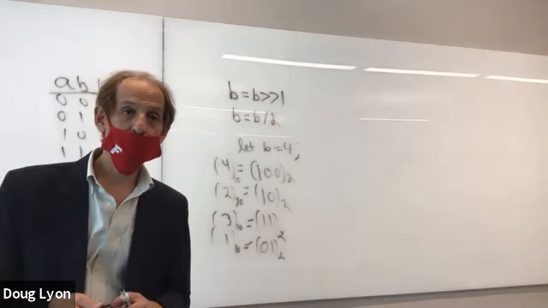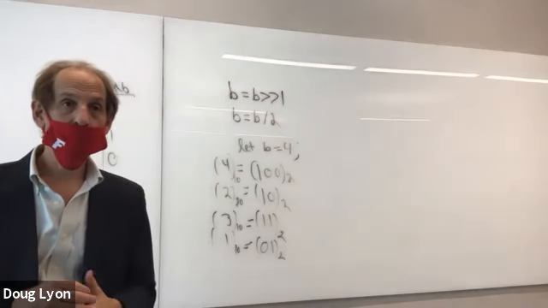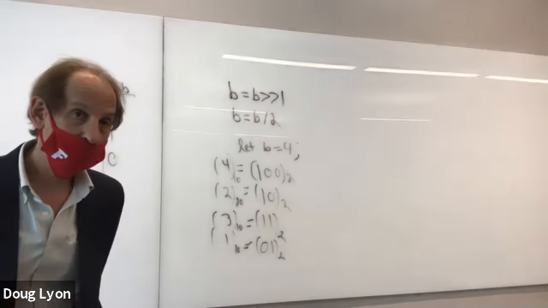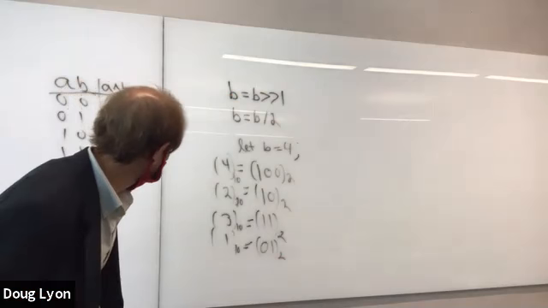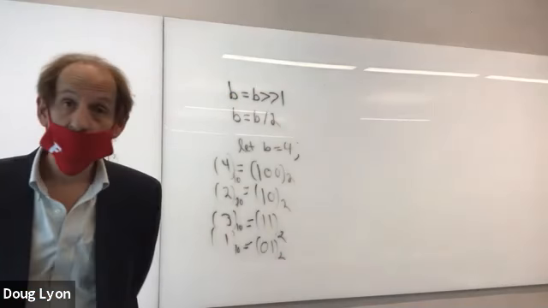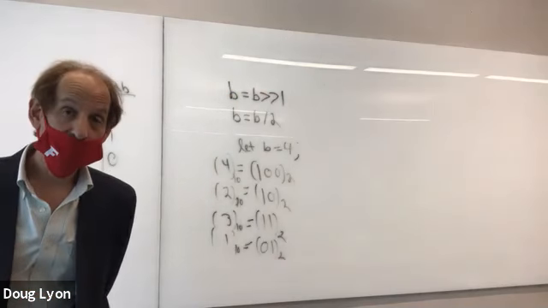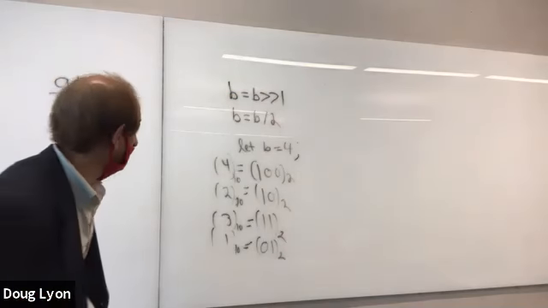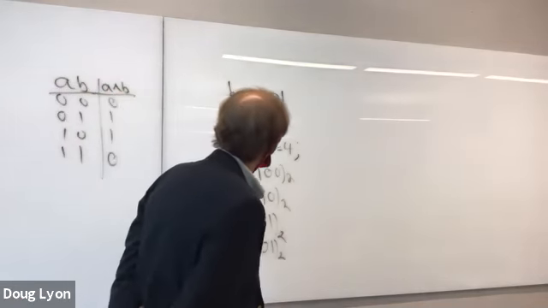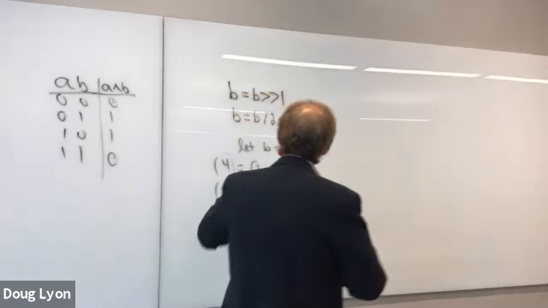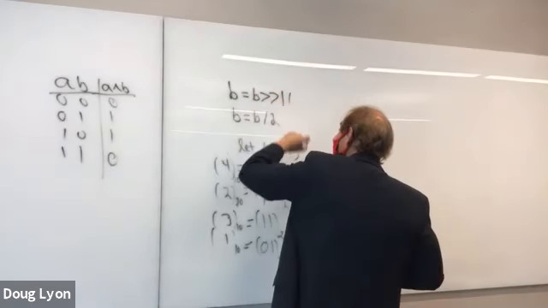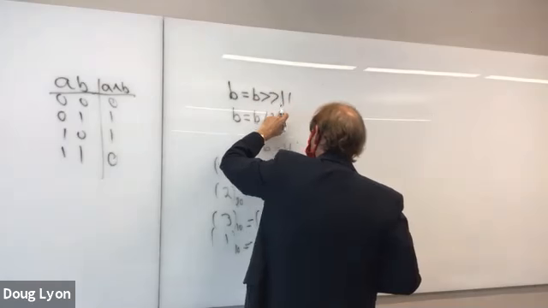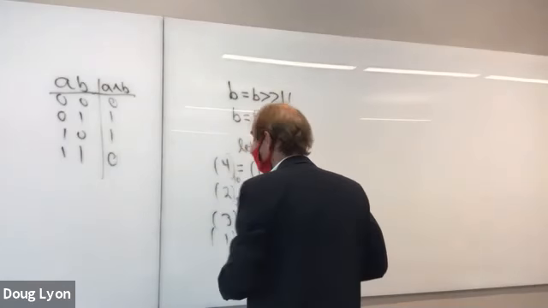Yes, sir. So are B shifted right by 1 and B divided by 2 the same operator, or are they different? They give you the same result, but they are different operators. If you wanted, you could shift over by 10 or 11, but then you would have to divide through by 2 to the 11.